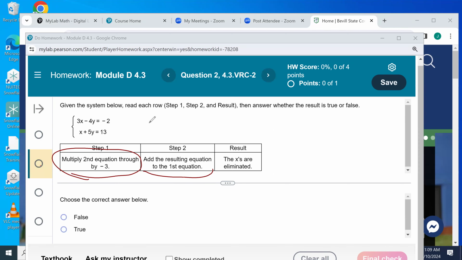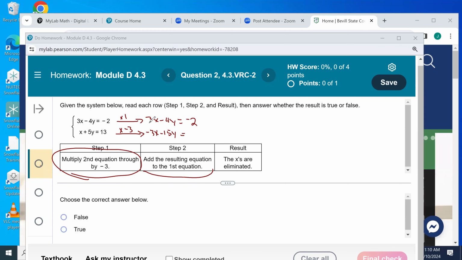I would go through here and multiply this one by 1, and this one by -3. I would get 3x minus 4y equals -2. I just write it over again. Then I write the second one, -3x minus 15y equals -39.